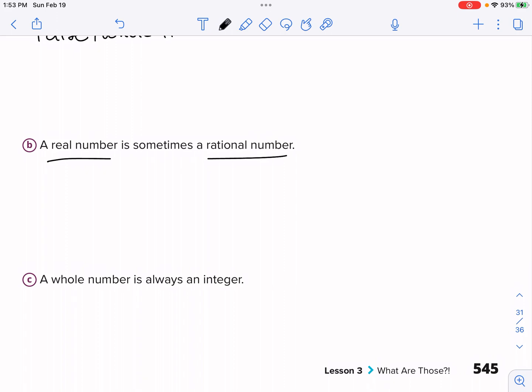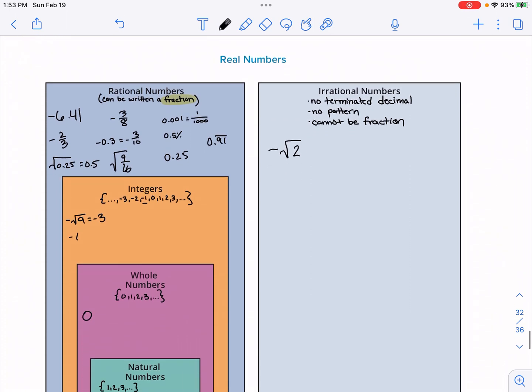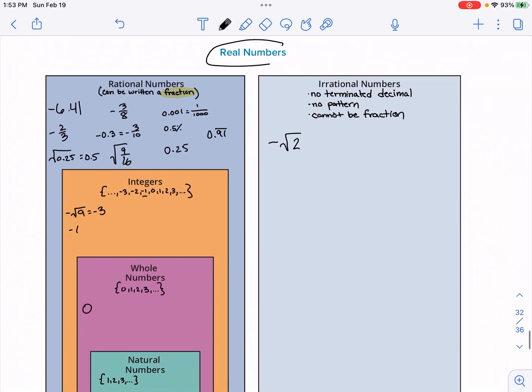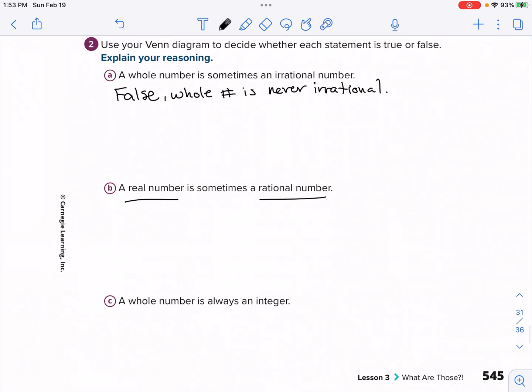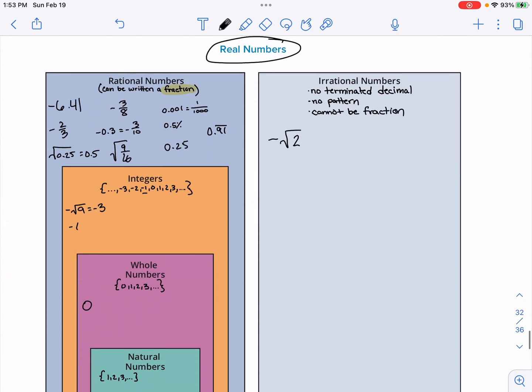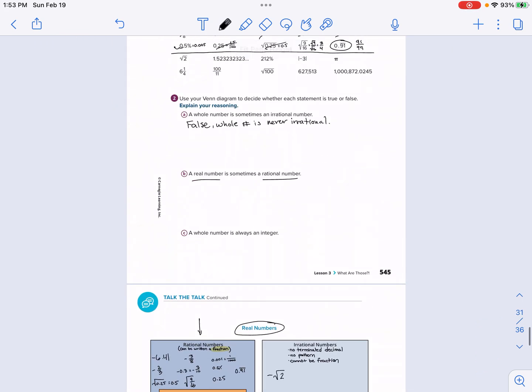It's just another kind of meaning. But keep in mind, this entire thing is the real number system. So back to B, a real number is sometimes rational. Everything off to the left is rational, and that's a part of the entire real number system. So this is true.